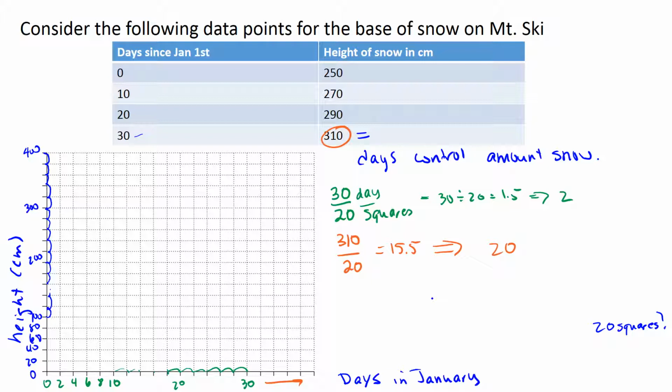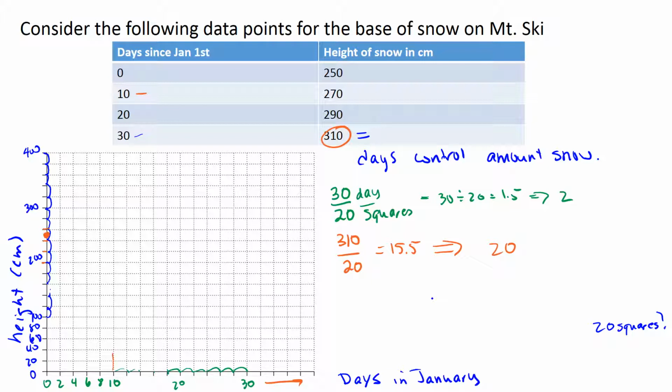That's okay. Now let's plot the points, and I'll plot those in orange. At 0, it's 250. So at 0, it's all the way up at 250, which is right in between 240 and 260. On the 10th day in January, it's 270.